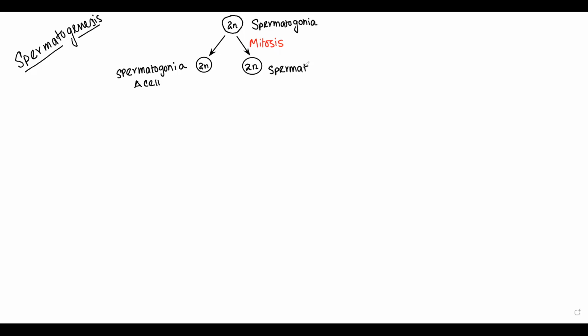One is A cell, another is B cell. Now, spermatogonia A cell is acting as a mother cell, and spermatogonia B cell accumulates the nutrient from the surrounding, thereby it increases its size.